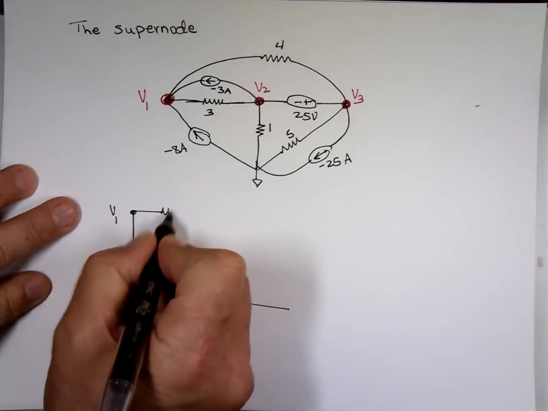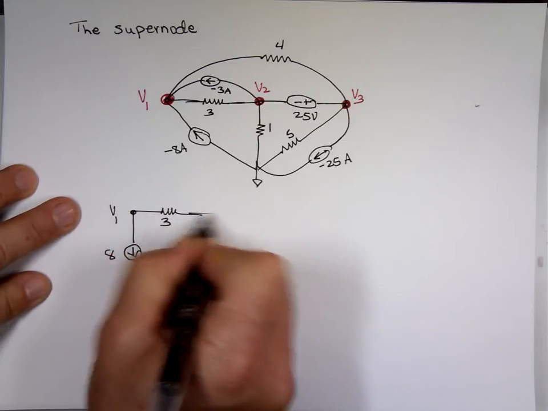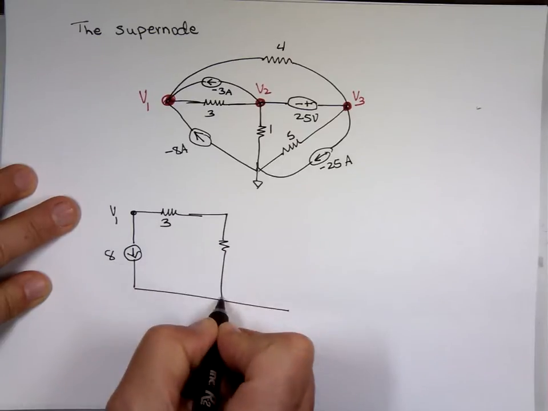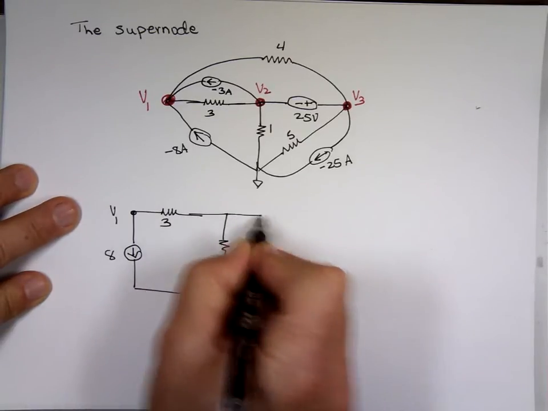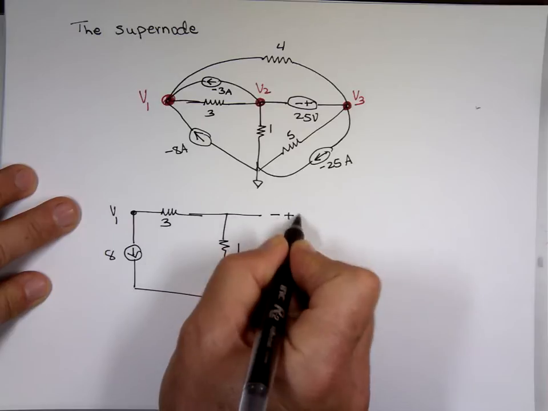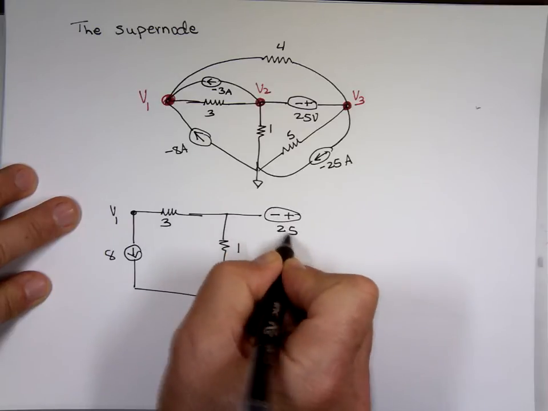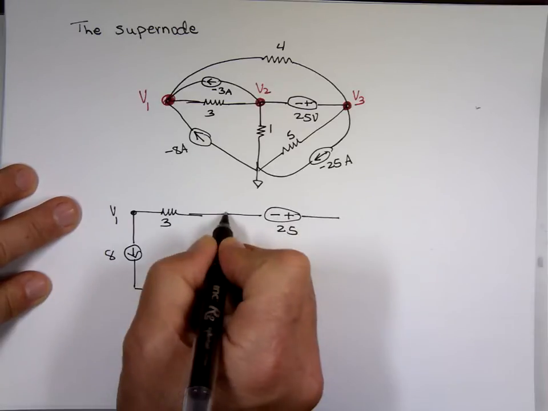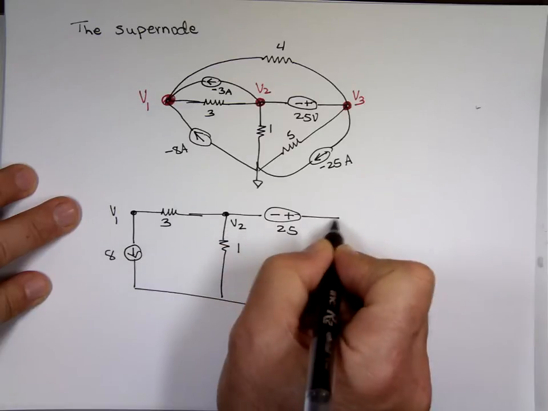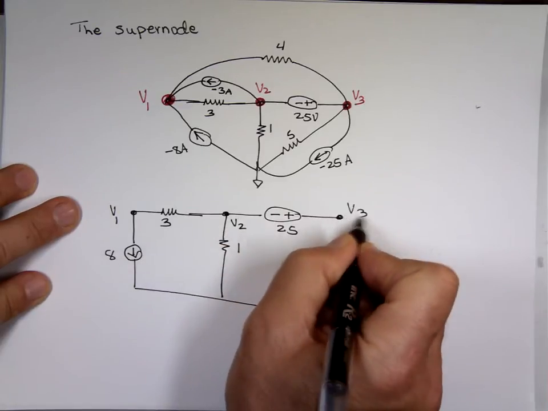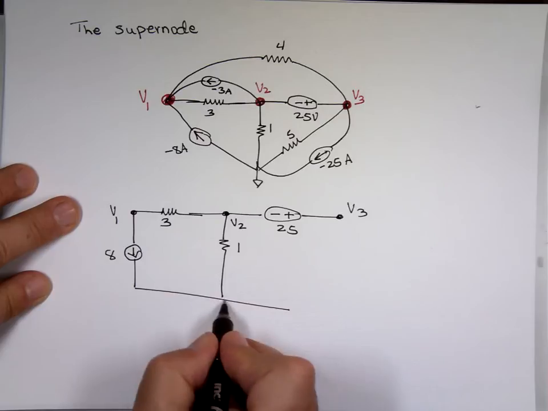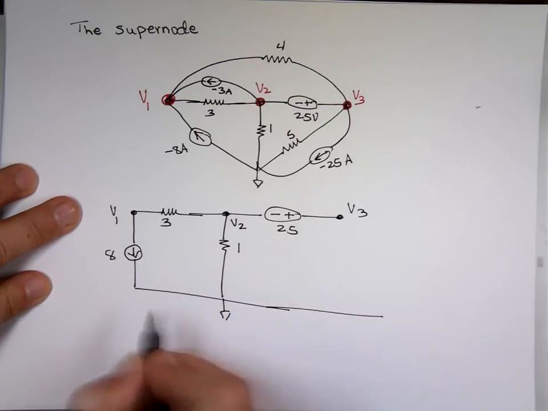There's the 3. There's the 1. 25. So this is V2 here. This is V3 here. And the 5 ohm between this and the ground. This is my ground right here. It runs all the way across.